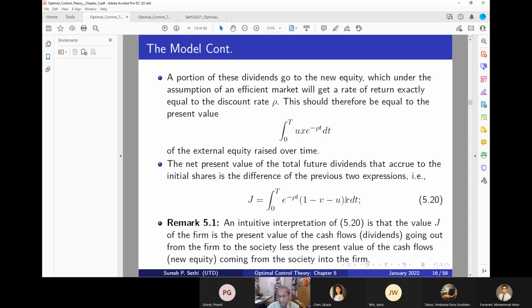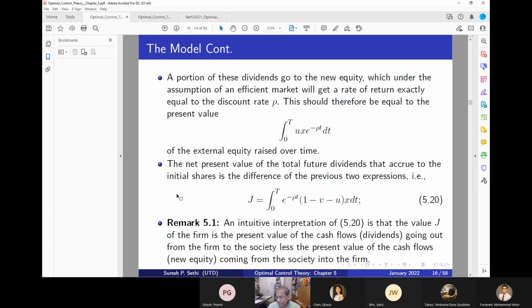The intuitive interpretation is simple. The value J of the firm is the present value of the cash flows going out from the firm to the society minus the present value of the cash flows coming from the society into the firm. That makes sense, right?